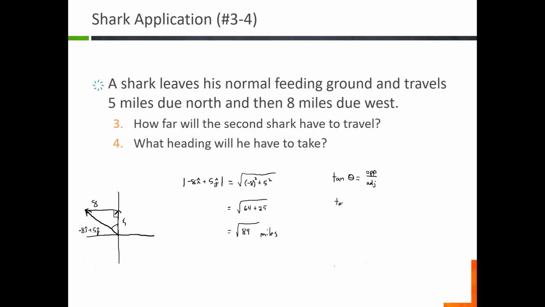So the tangent of theta is 8 miles over 5 miles. That's not one of our nice unit circle values, so to find theta we have to take the inverse tangent of 8/5. Using our calculator, that turns out to be 57.99 degrees.